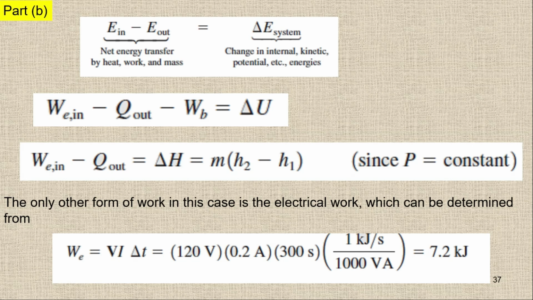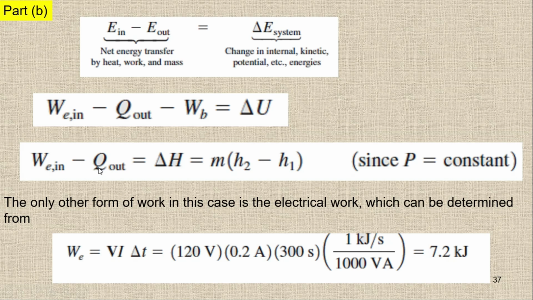So I multiply 120 by 0.2 times 300, and divide by 1000 to get the value in kilo. So it's 7.2 kilojoule of electric work going inside the system.